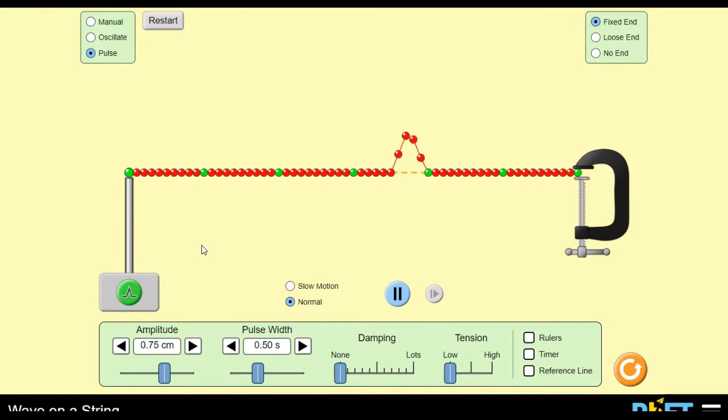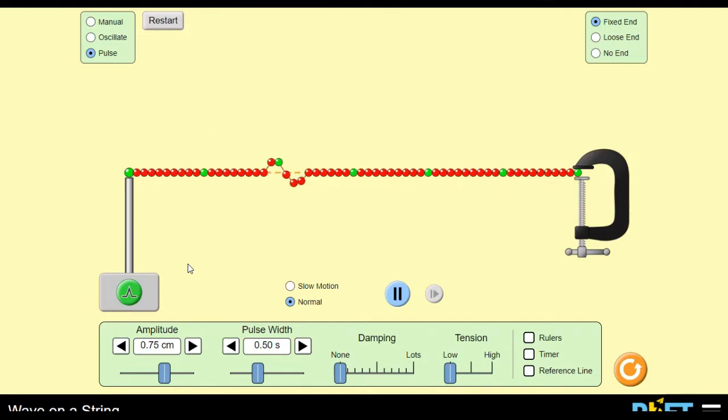Now, to see how the stationary waves are produced, I will give one more pulse. Let's see. Here it is. You see, we have two waves now.